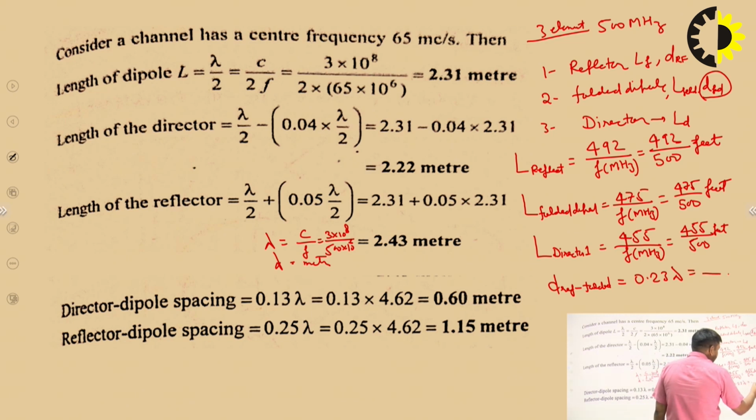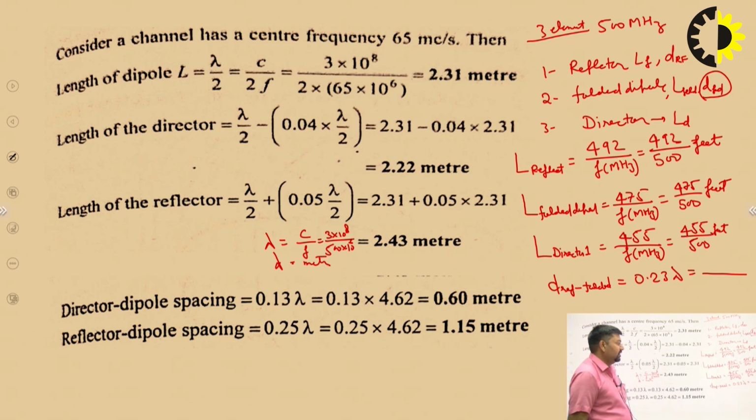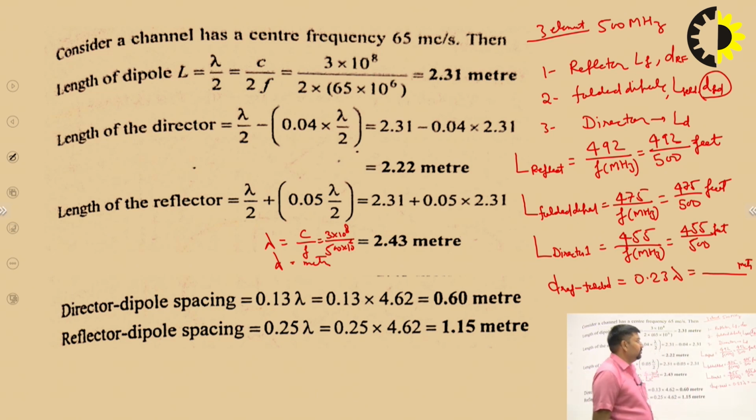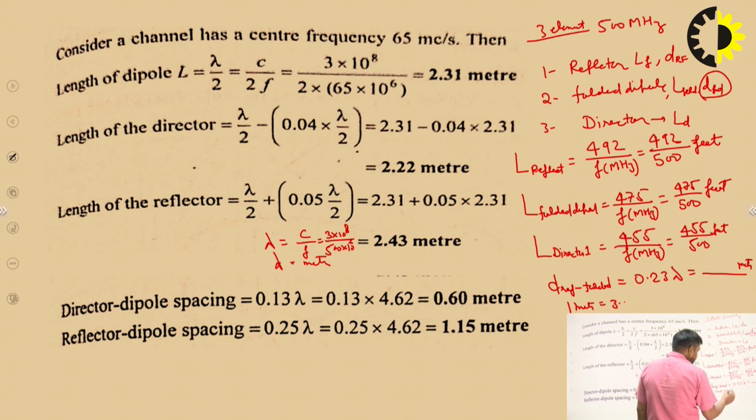Then we calculate the length between the reflector and the folded dipole in meters, and we convert it into feet, because all the lengths have to be calculated in feet. So 1 meter is equal to 3.28 feet.